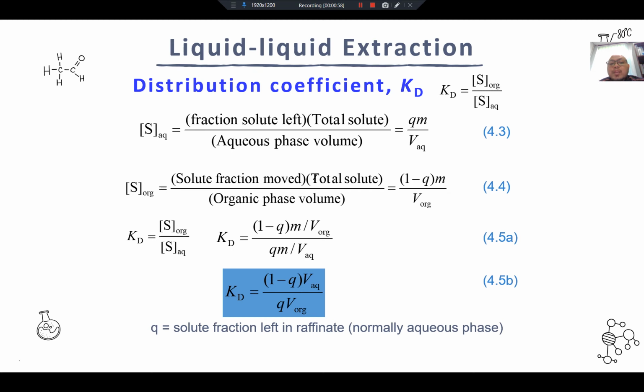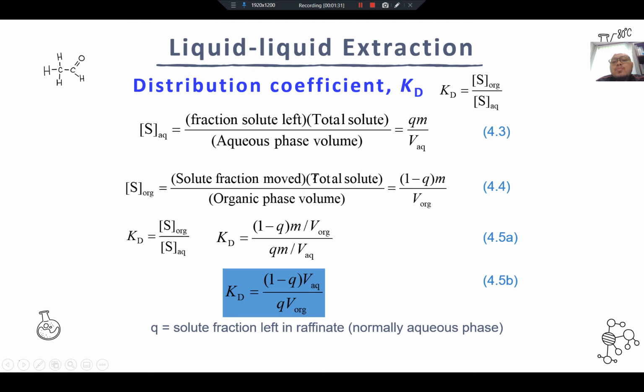Right, so if you look over here, KD, here he put that the desired phase is the organic. So the concentration of solute in the organic and the concentration of solute in the aqueous as the raffinate. If we want to calculate the concentration of the solute in the aqueous, it is the fraction of solute left multiplied by the total number of solute, divided by the aqueous phase volume, equal to km.